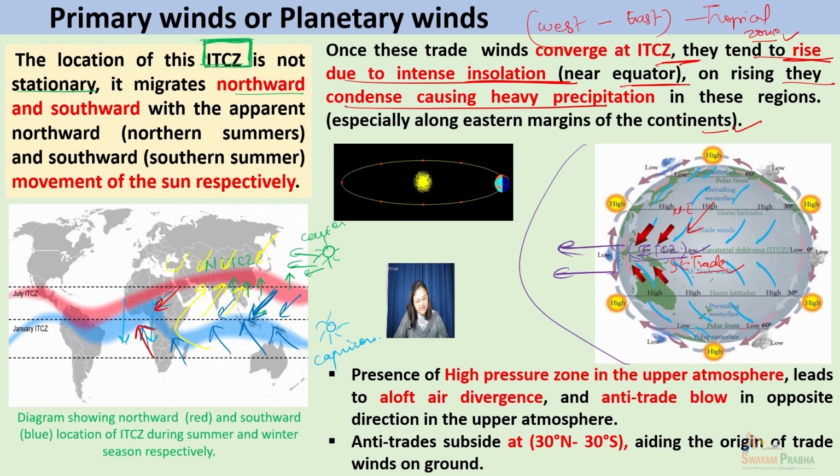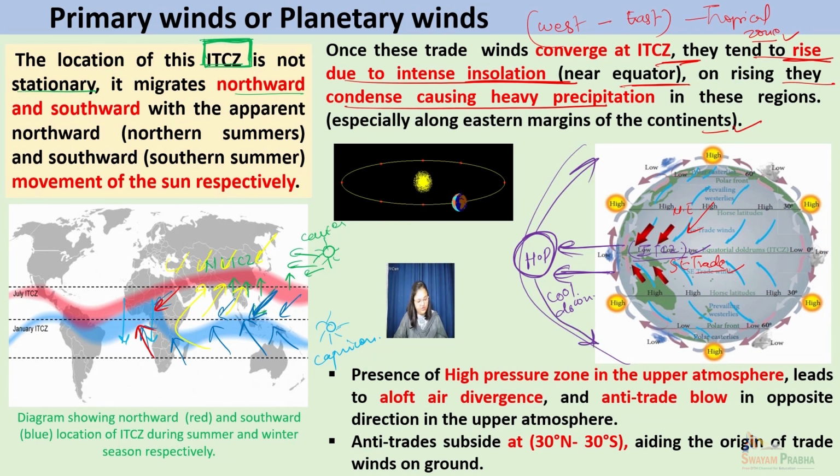And once they ascend in the upper atmosphere, during this process, they cool down, and because of the presence of high pressure in the upper regions of the atmosphere above these areas, the wind tends to diverge in the opposite direction.